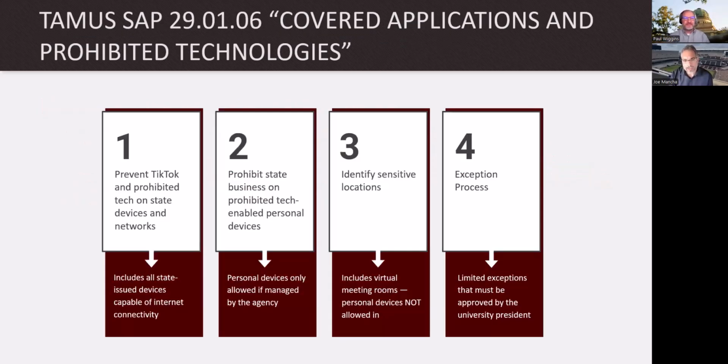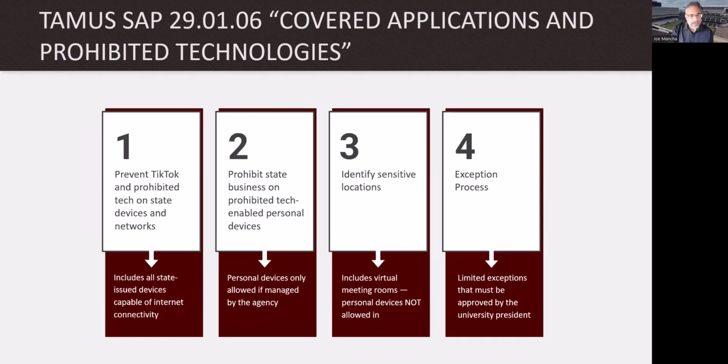So in our timeline, we ended with the mention of System Regulation 29.01.06, and we'll be using that as basically the format for the rest of the presentation. So the regulation synthesizes the previous requirements, including the governor's directives and Government Code 620. The regulation addresses 4 specific areas. Those areas are the administrative and technical requirements for managing university-owned devices and networks.